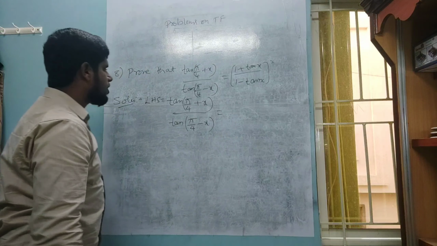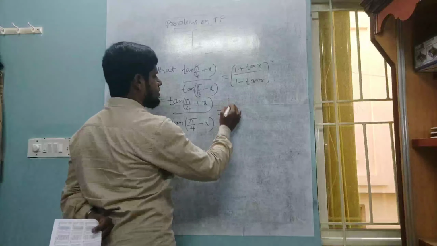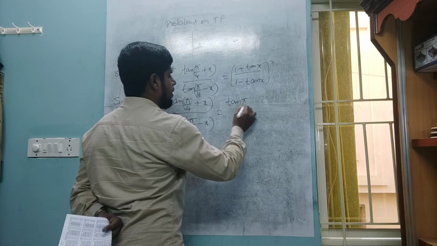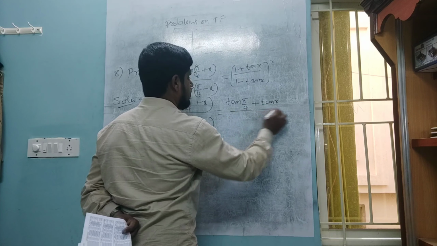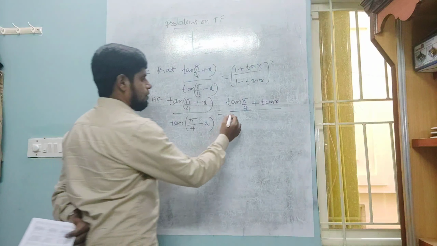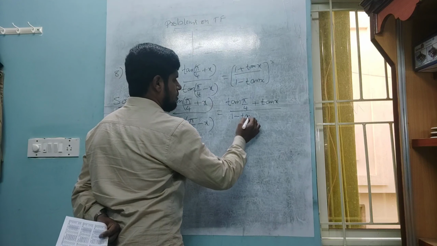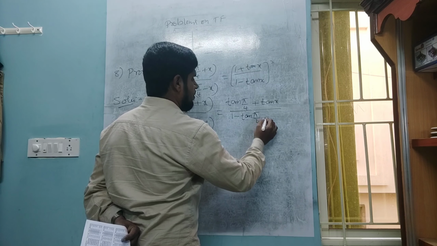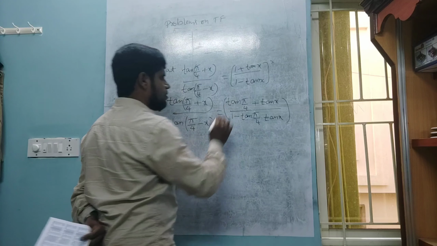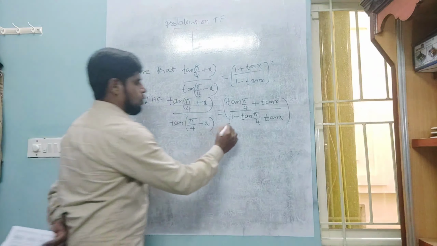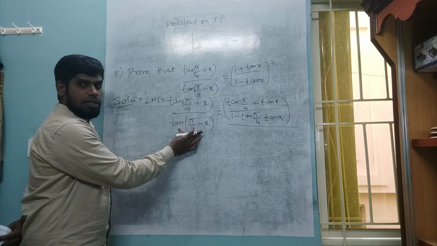So with the help of the tan(x plus y) formula, I can expand this as tan pi by 4 plus tan x divided by 1 minus tan pi by 4 into tan x. This is just the numerator. Whole divided by the denominator is also there now.